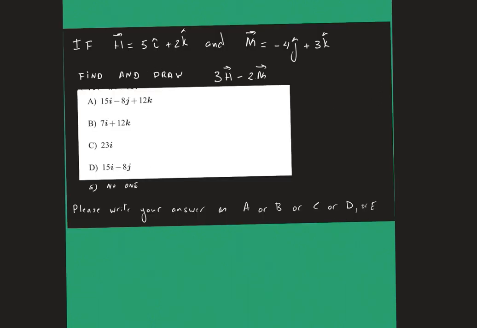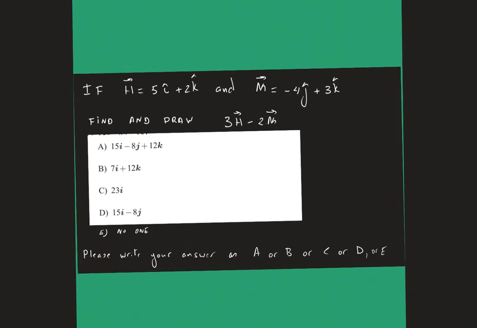Okay, this is the next question. If H vector equals 5i plus 2k and M vector equals negative 4j plus 3k, find and draw 3H minus 2M. And it says, please write your answer as A, B, C, D, or E. Okay.